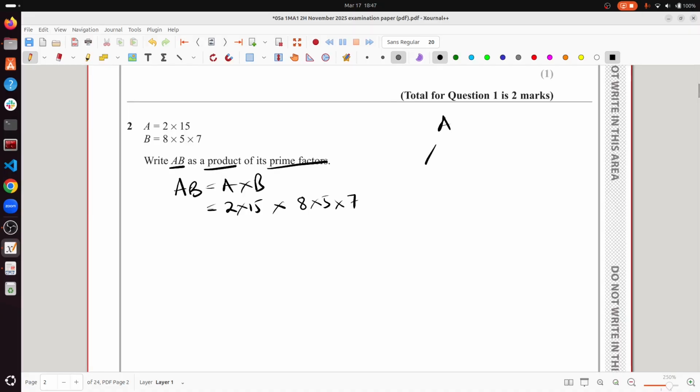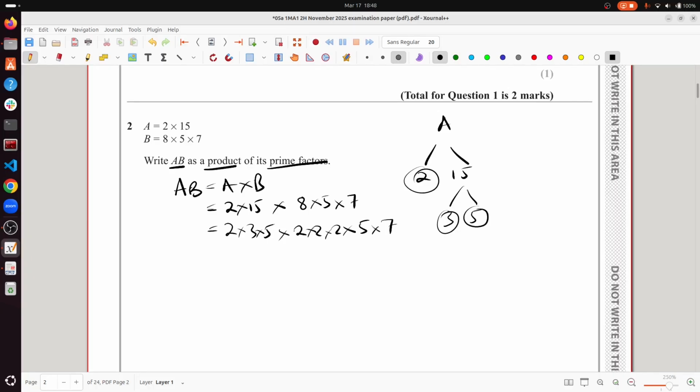So having A there, that is 2 times by 15. And there's a prime number, and that is 3 times by 5. That's another prime number. So that's the same thing as 2 times by 3 times by 5. And 8 is the same thing as 2 times 2 times 2. Then that's 5 times by 7. That's my answer.